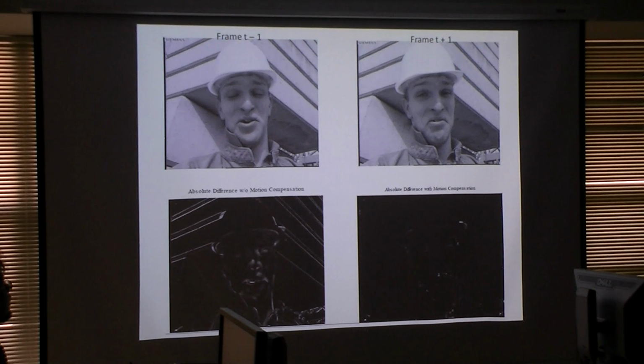And the pixel-wise absolute difference without motion compensation is shown on the lower left-hand side. Here the darker point means a smaller difference, and the brighter means a larger difference.